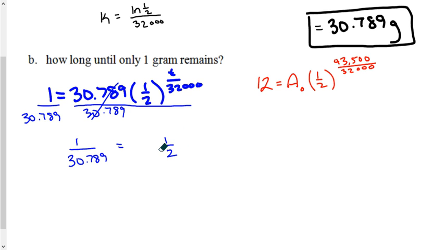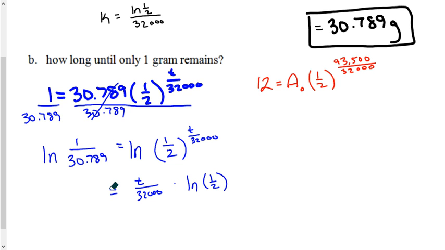So we've got this 1/2 to the t over 32,000. Now, in order to move something out of an exponent, one thing that you can do is take the natural log of both sides, or rewrite it as base 1/2, but we'll just do this. And that's going to now move this down to the front so that I get t over 32,000 times natural log 1/2, or 0.5, equals natural log 1 over 30.789.